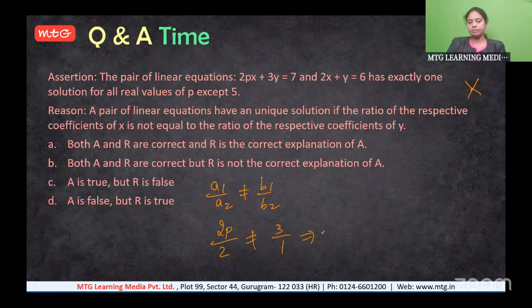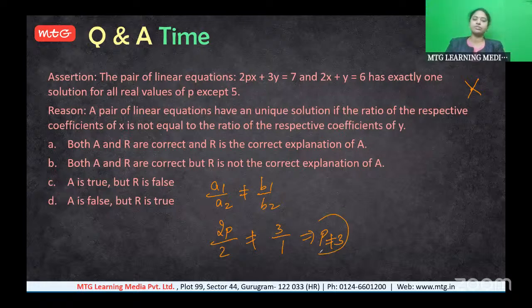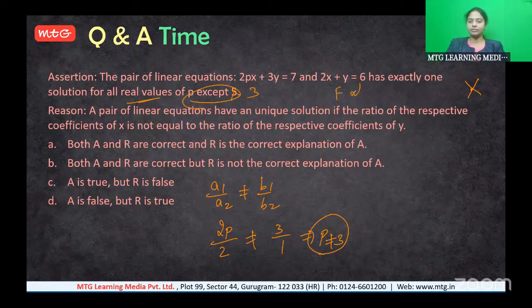That implies P is not equals to 3. So to get one solution, that is for this pair of lines to be consistent having one solution, P should not be equals to 3. But they said P can take any real value except 5. No, it shouldn't be 5, it should be 3. So for that reason, this is a false statement.